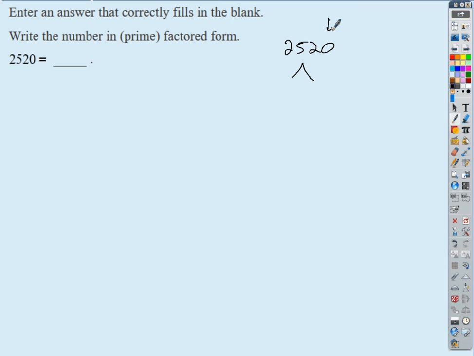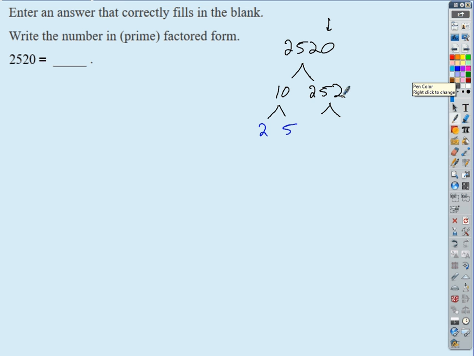10. Okay, so we could do 10 and 252, right? And then 10 is going to break up into what? 2 and 5. Okay, good. So we're going to get 2 and 5. And 252 is going to break up into what? A bunch of different choices. Doesn't matter.